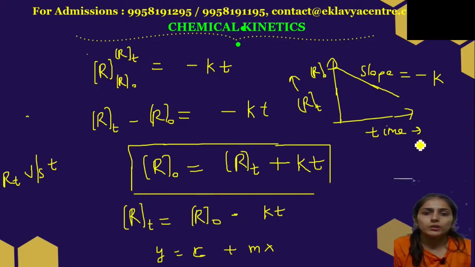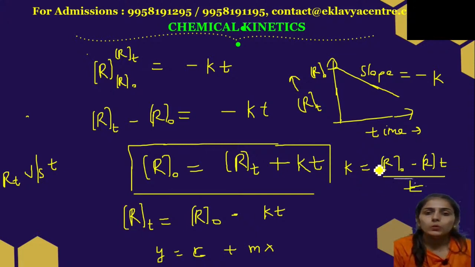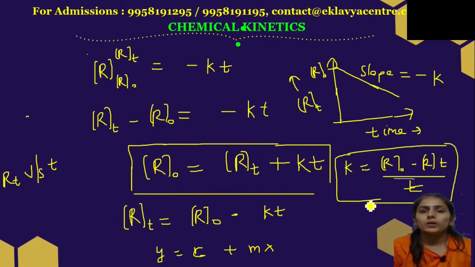So if you try to find the value of K from this equation, it comes out to be R naught minus Rt by time. This is how you have to do it. I hope this much is clear to you, how to find the zero order reaction, its graph, its equation.